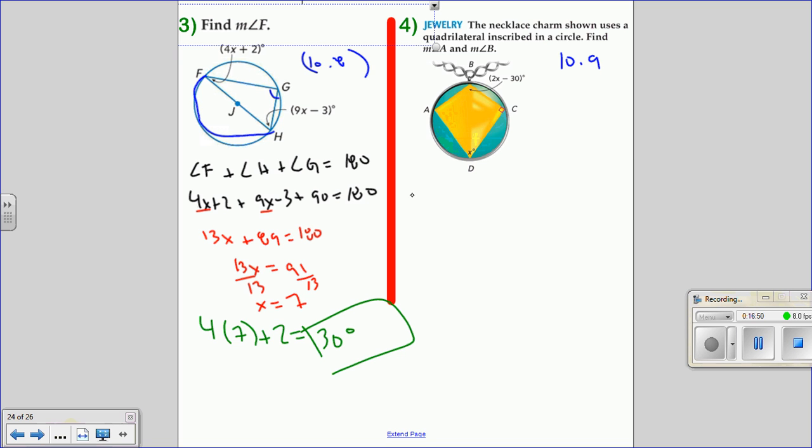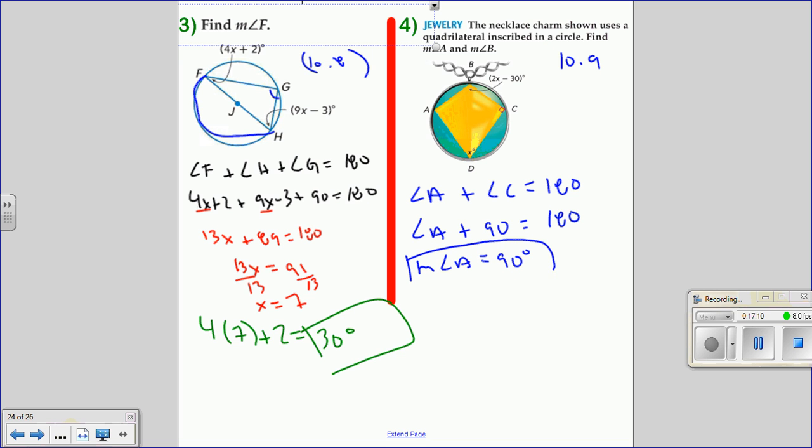So angle A plus angle C is equal to 180. So angle A plus 90 is equal to 180. Well, that means the measure of angle A would have to be 90 degrees. That one wasn't so bad.